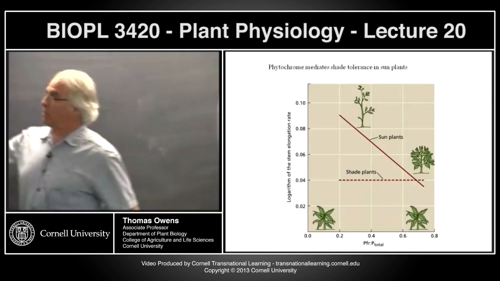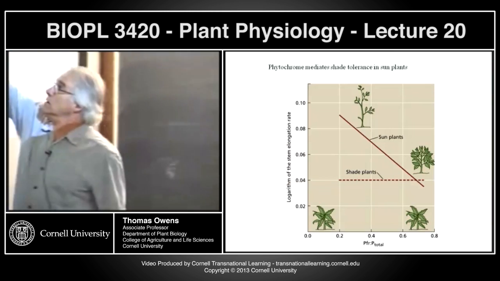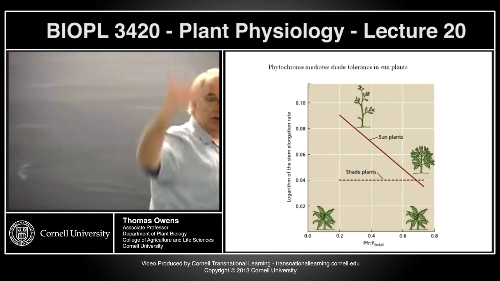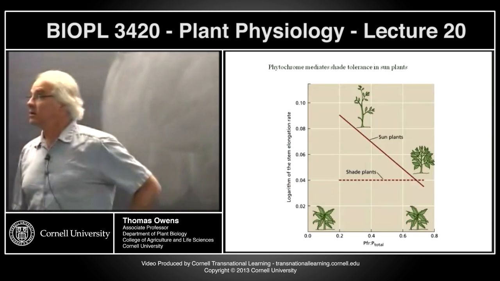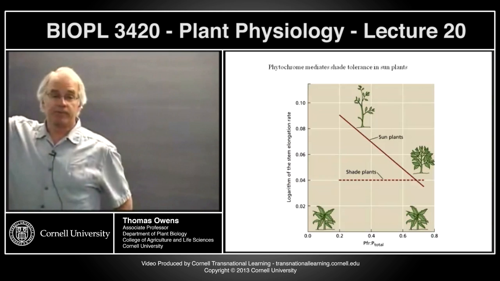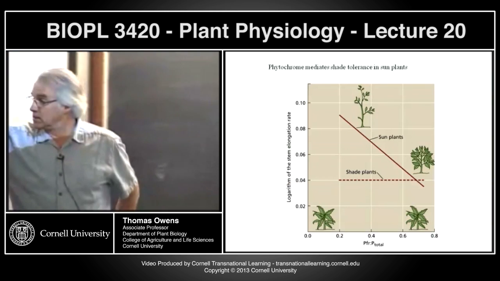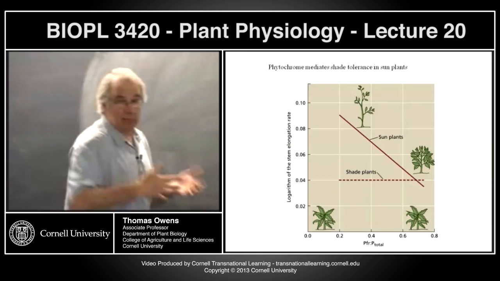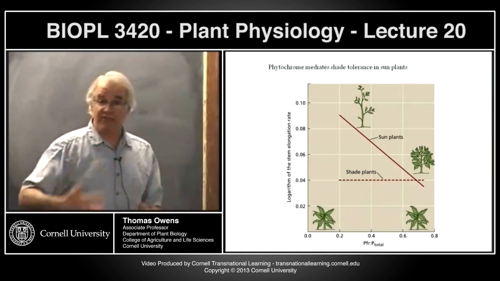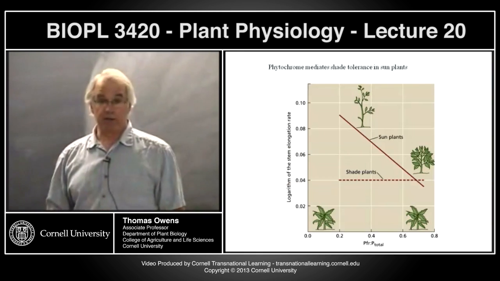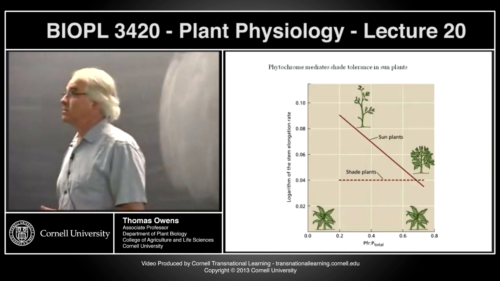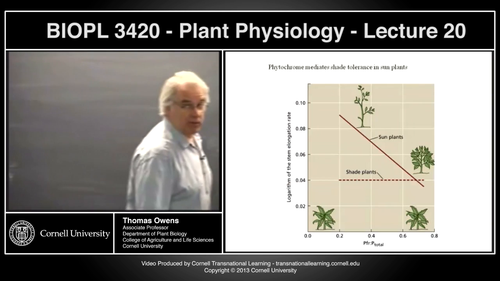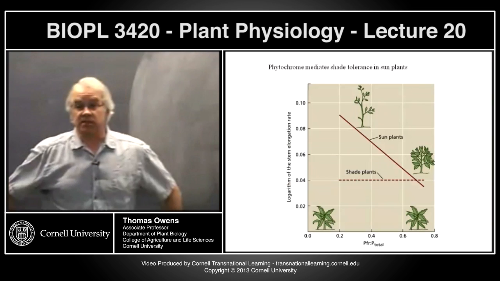So in sun plants, plants that are grown in shady environments tend to be taller, they have longer internodes, they have fewer leaves than plants that are grown in the sun. If we look at shade plants, the difference is relatively small. And that's not surprising because they are evolutionarily adapted to living in shade environments. Where sun plants, when they're in the sun, they're growing optimally. When they're in the shade, they want to get into the sun.